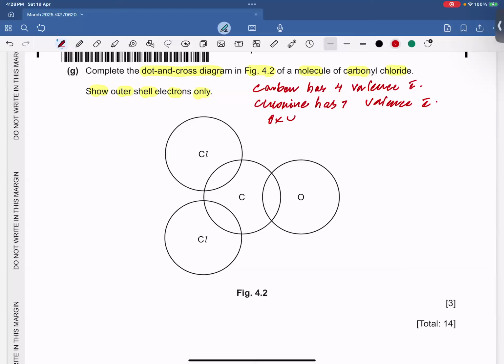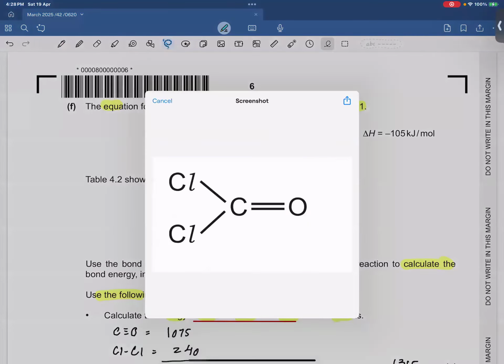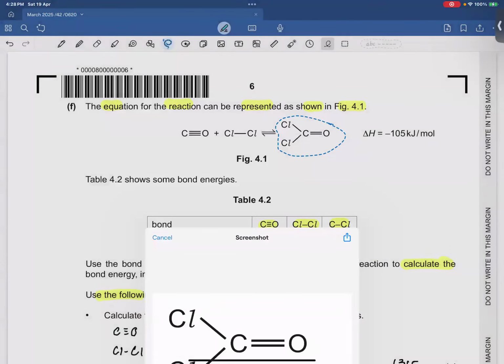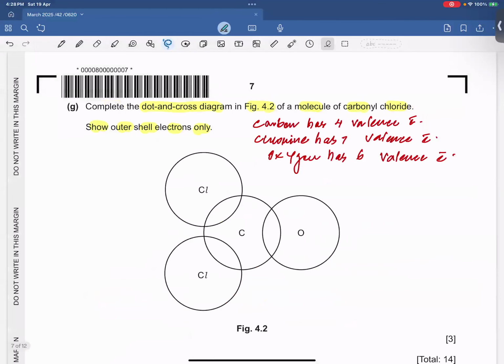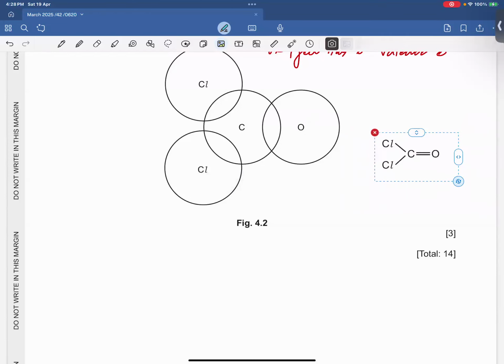Third, oxygen has 6 valence electrons. And one more thing, we need to remember this diagram also so that we can distribute the number of electrons according to it. That's going to be easier for us.